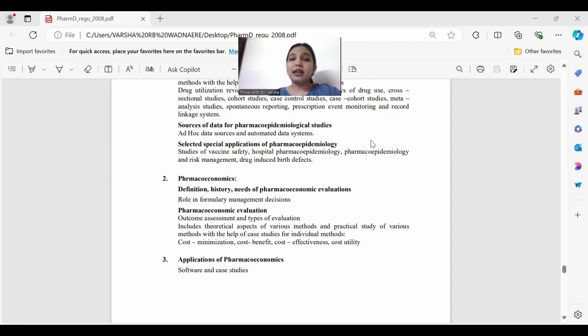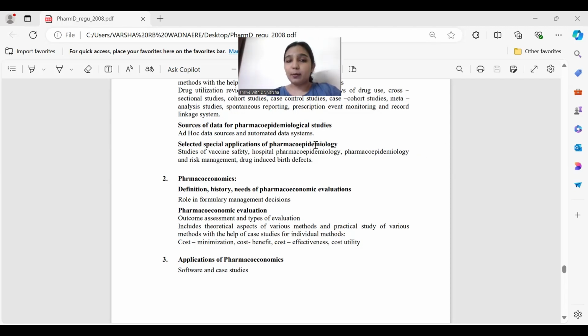Now, as a pharmacoepidemiologist, what are the applications of this field, that is vaccine safety, hospital pharmacoepidemiology. In hospital pharmacoepidemiology you will have to see hospital acquired infections or community acquired infections, which you must have learned, and how you can reduce them, so you will have a role in that.